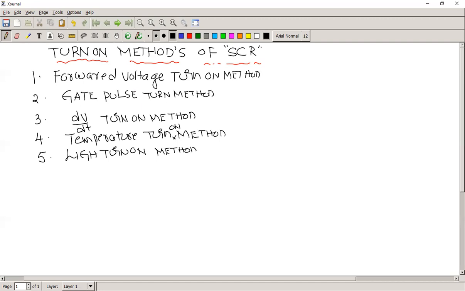Now we are going to see the first one, forward voltage turn on method. So already we know the structure of the SCR. We have taken the structure here.